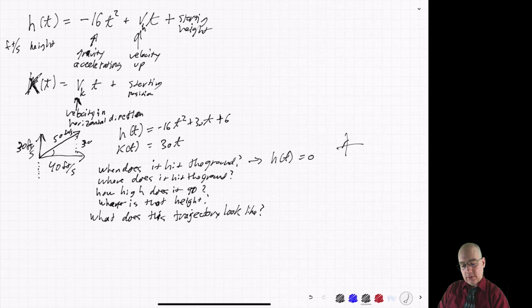Parabola, so this is h of t, is going to look like this. Okay? So that's one parabola in this problem. And then there's also that max. How high does it go?